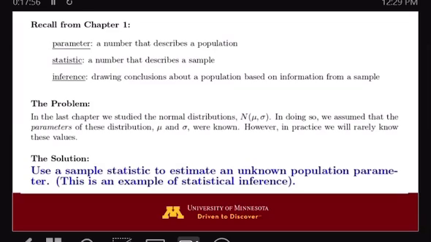From the sample. We want to use the statistic to represent the parameter because it is very expensive and may not be feasible to get the parameter exactly. Because if you want to get the parameter, you need to study everybody. We don't have time for that. We're limited by budget, and that is what we mean.